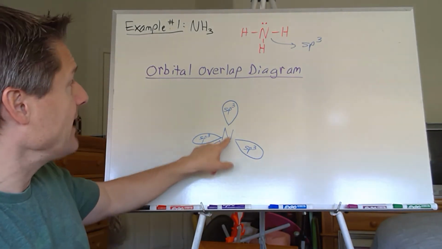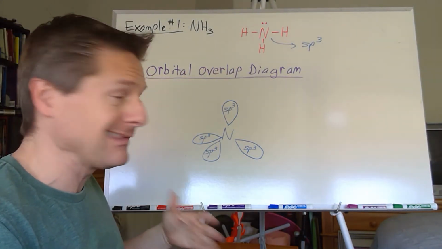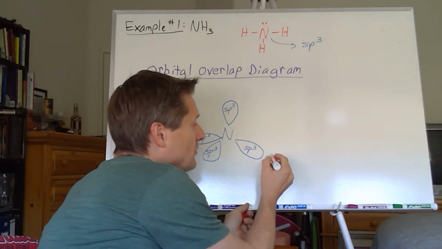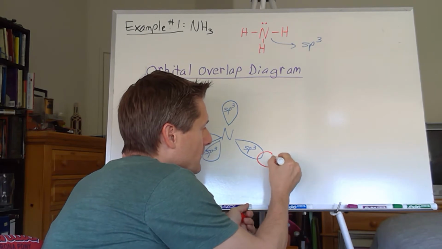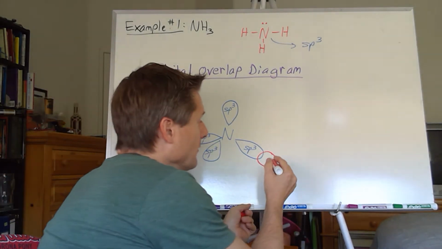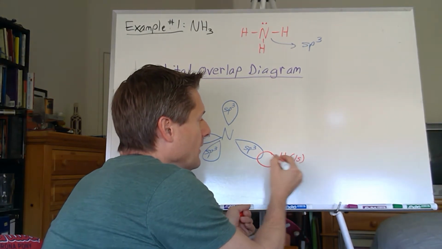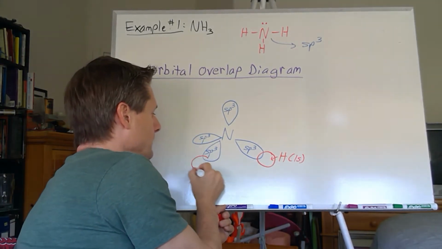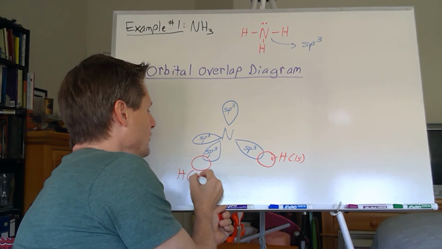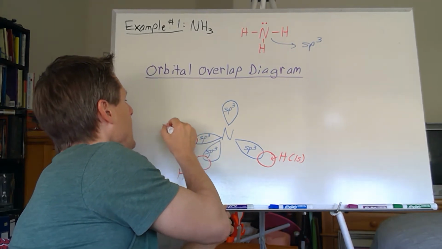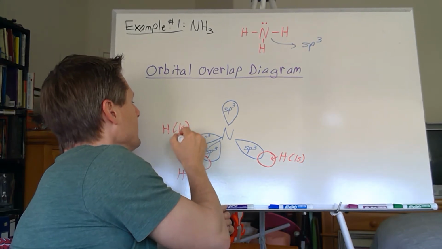All right, so now that's going to overlap with 3 hydrogens, and the hydrogen will be the 1s. So let's do that in red. So let's overlap it. See that? It's hard to draw that in there. We can just go hydrogen 1s right there. Like that. Hydrogen 1s there. And hydrogen 1s there.